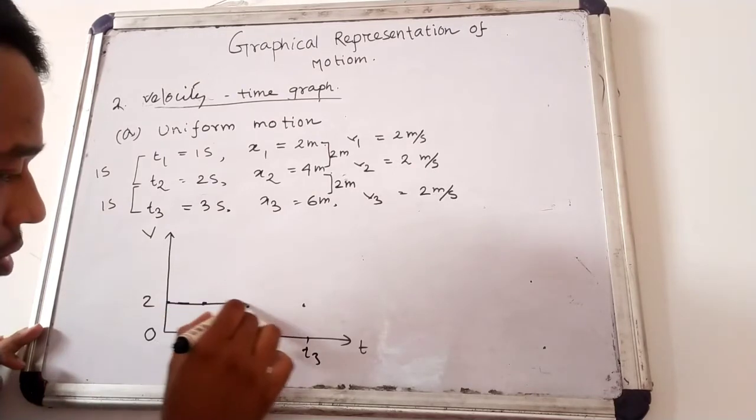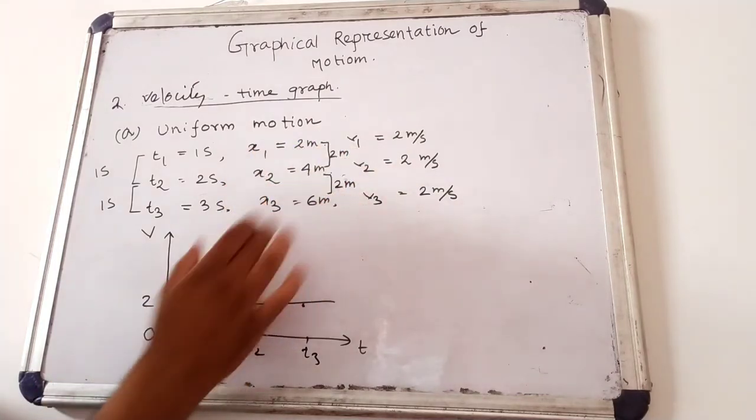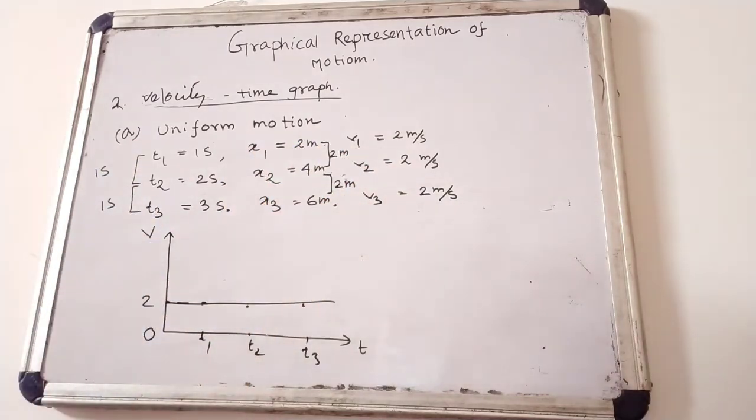So it will be a straight line parallel to the time axis. So this is the nature of the graph for uniform motion: the velocity time graph for a uniform motion is a straight line parallel to the time axis, since velocity remains constant at every time.